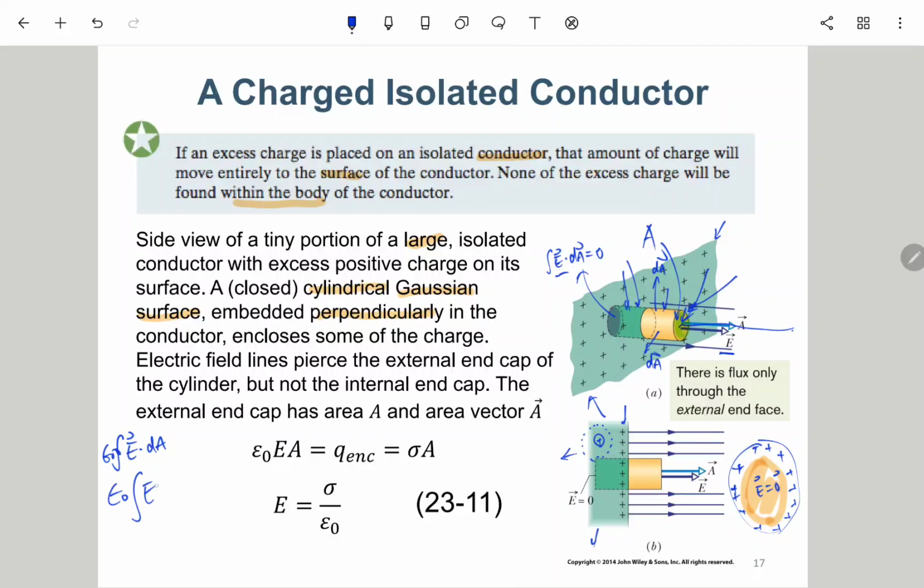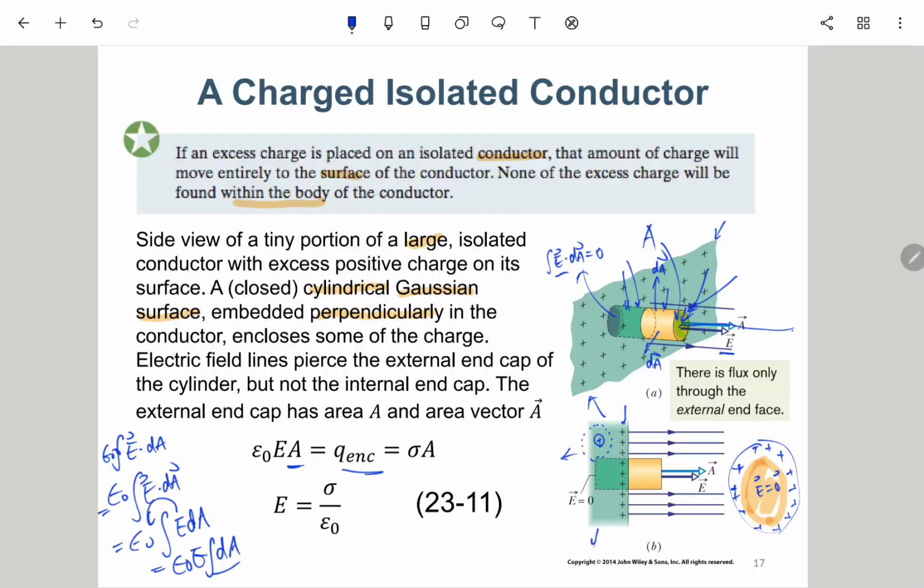Since they point in the same direction, it equals E times dA, and E is a constant, so we can move E out. It turns out to be epsilon naught E times the integral of dA, which is the surface area, denoted by A. So we have epsilon naught EA equals Q enclosed.